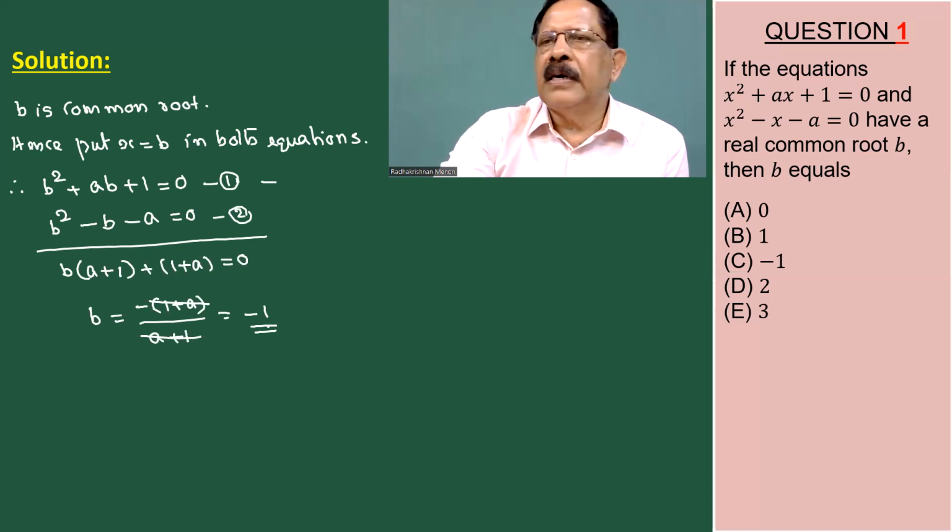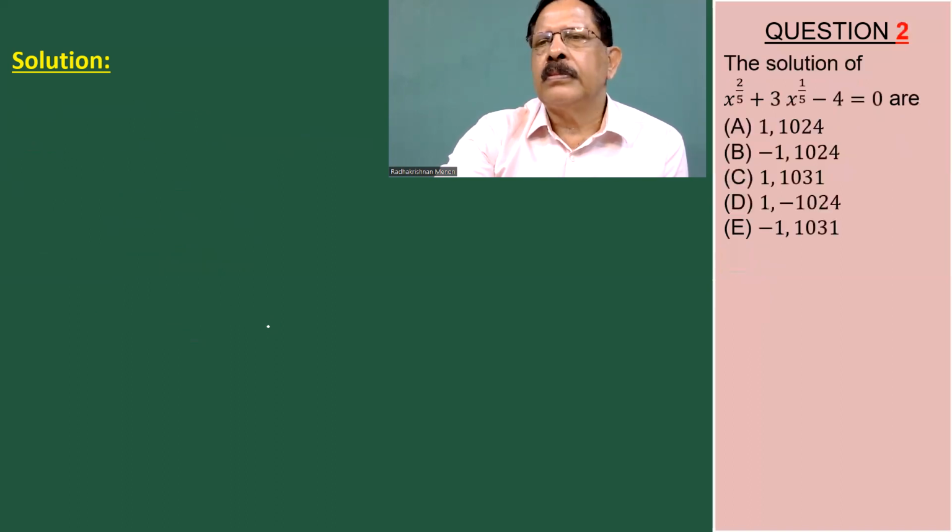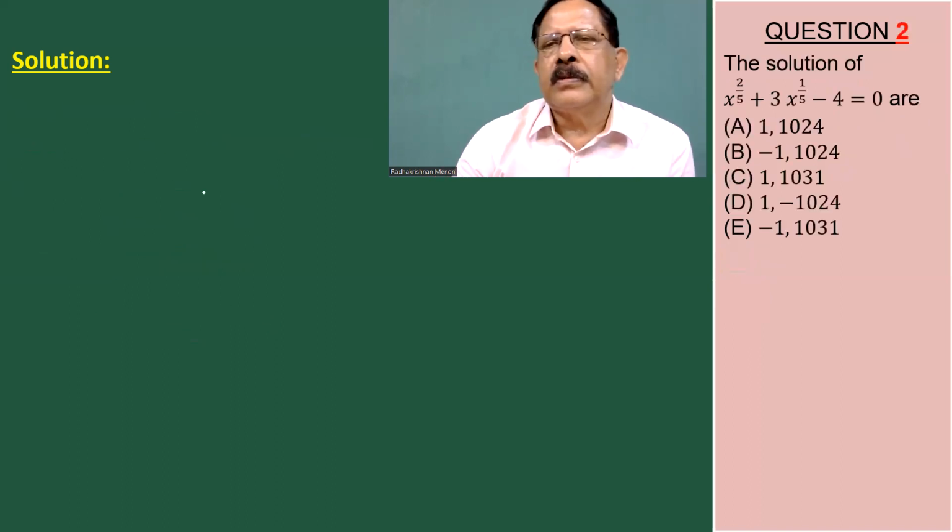Now question number 2: x raised to 2 by 5 plus 3 into x raised to 1 by 5 minus 4 equal to 0.